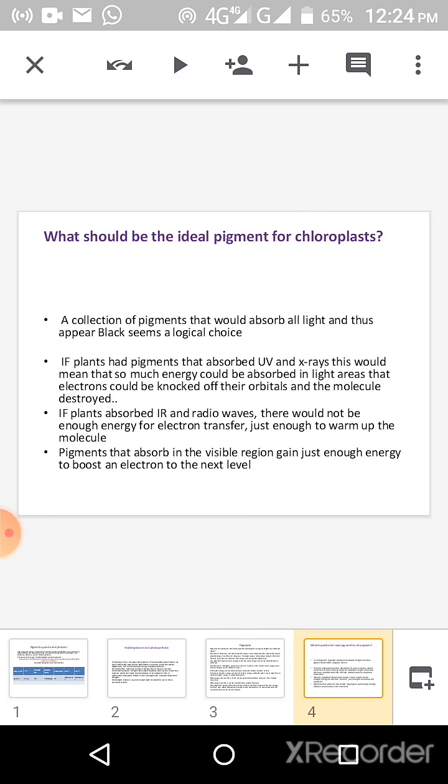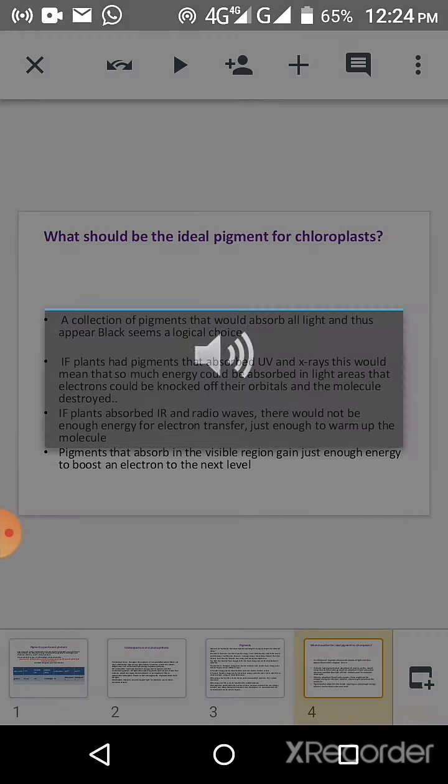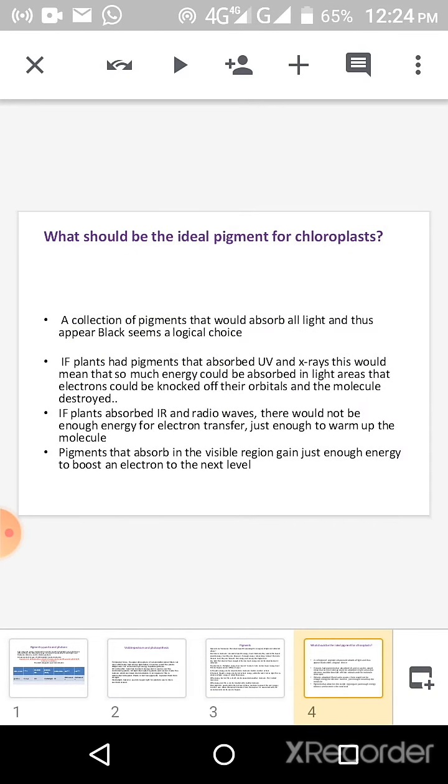However, if plants had pigments which absorbed UV light and X-rays, which are very high energy wavelengths, so much energy would be absorbed that electrons would be knocked off. That is, all radiation effects can be seen. Electrons are being knocked off their orbitals and the molecule would be destroyed.